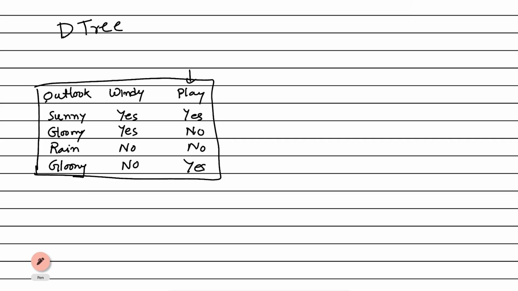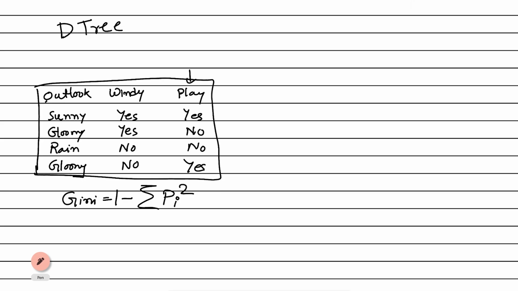In this case, the concept is that we try to find a particular feature, and based on the impurity only we select the root node. This impurity can be measured with the help of the Gini index. Now if I write the expression for Gini index, it is 1 minus the sum of pi squared, where pi is the probability of a particular instance.